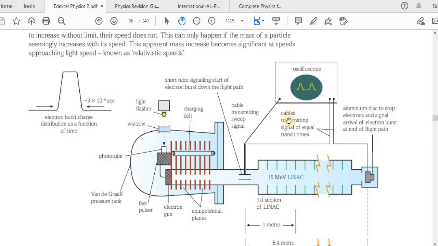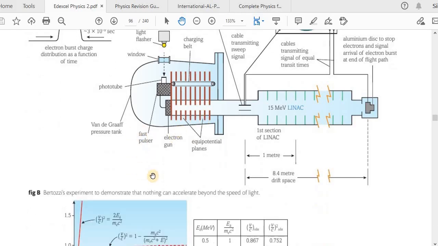Here you can see cables transmitting signal of equal transmit times. Cable transmitting sweep signal, short tubes signaling start of electron burst down the flight path. Okay, so charging belt, window, photo tube, Van de Graaff pressure tank, fast pulse, electron gun, equipotential planes. The equipotential means they are the same potential.